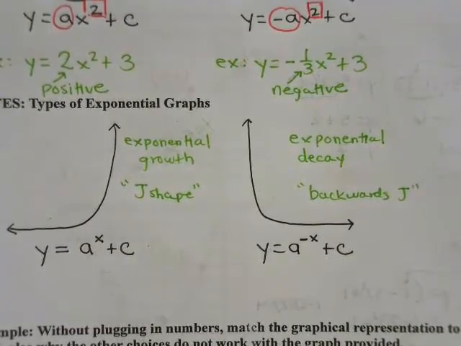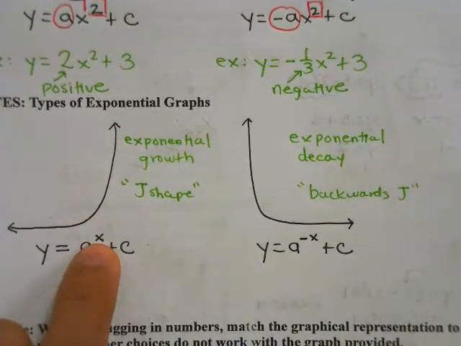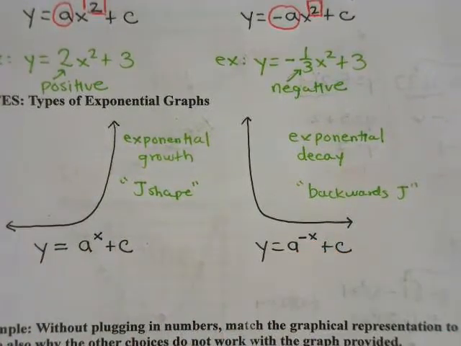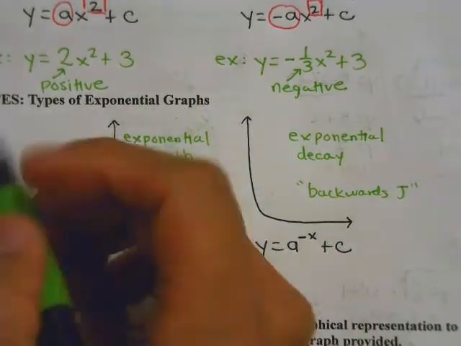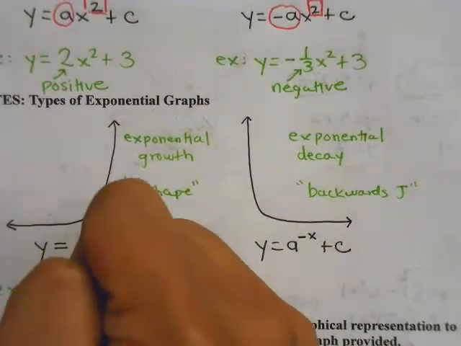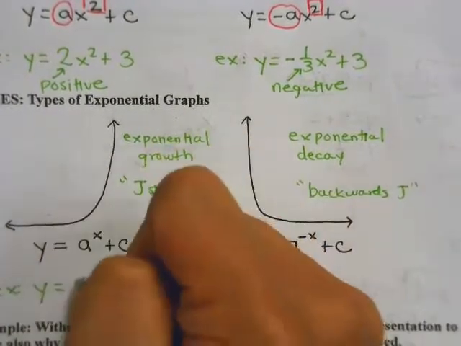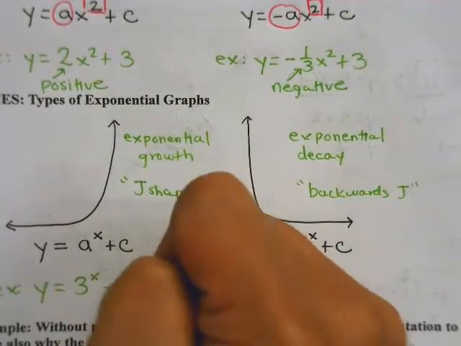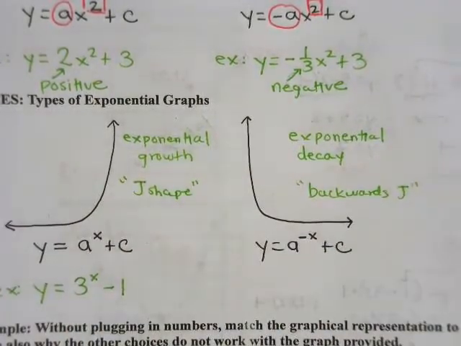Exponential graphs, they have a different type of an equation, and it's based on the exponents. Hence why it's called exponential graphs. So this x is positive over here, this exponent, and over here it is a negative exponent. So an example for this one, it's going to be y is equal to maybe 3 to the x minus 1.